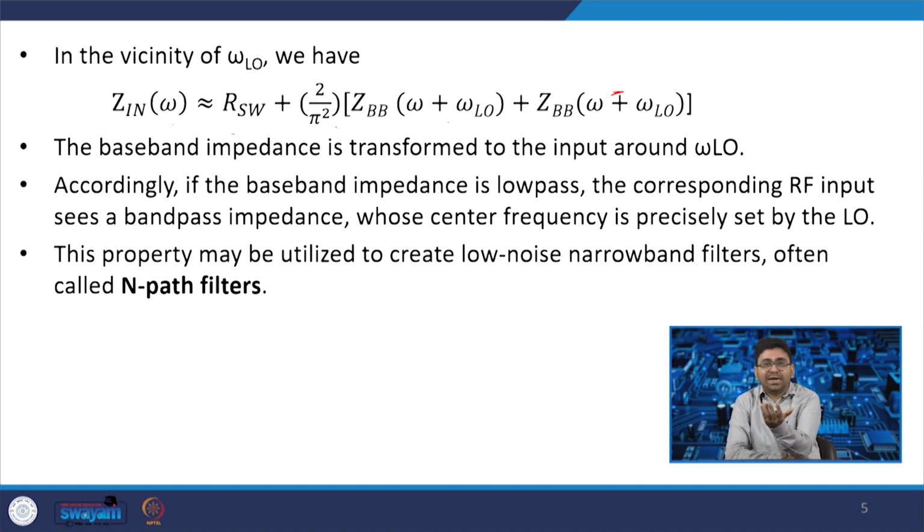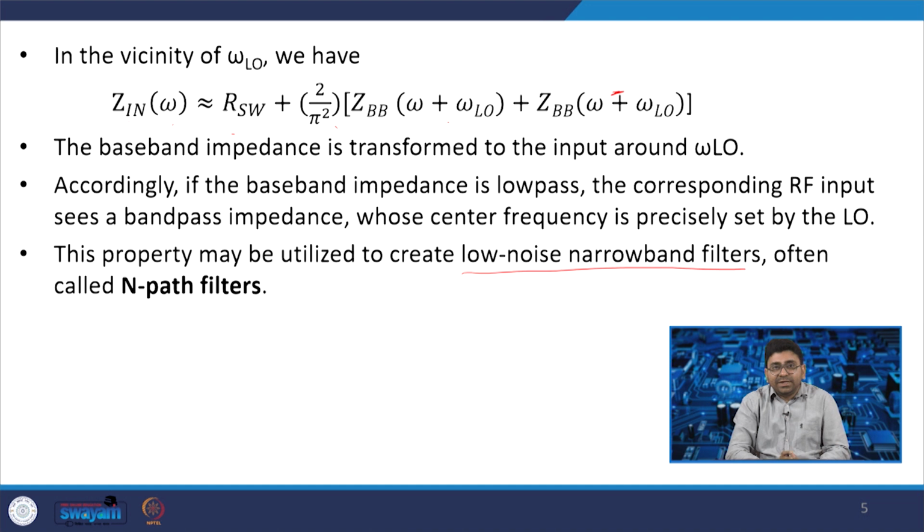At the input side it looks like your baseband is up converted to omega LO, and this property may be utilized to create a low noise narrowband filter, which is widely represented as N path filters. So N path filters are widely used.